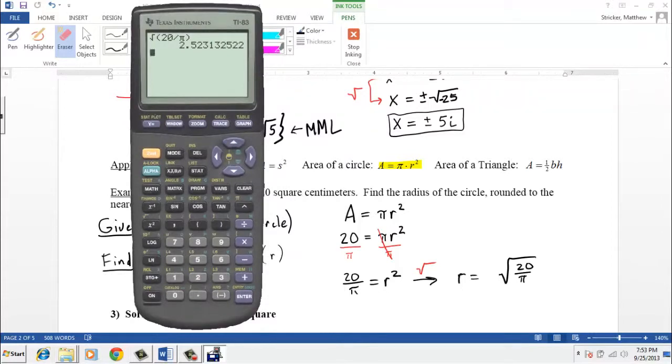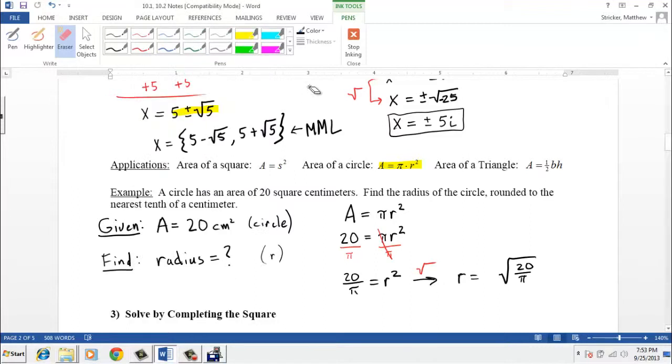So we are going to round this to 2.5. r is about equal to 2.5. And since our area was in square centimeters, our radius is going to be just centimeters. There you go.